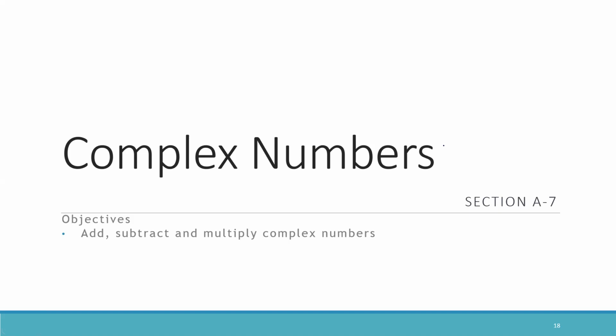So complex numbers have a real and an imaginary part. They take on the format of A, which is the real part, plus Bi.